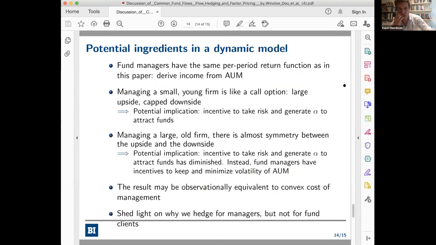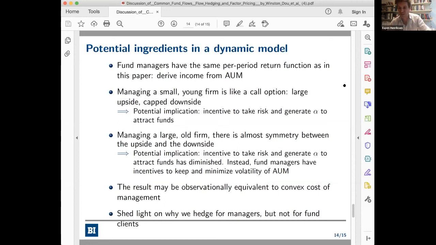So could we then think that if we say that fund managers have the same period-per-period return function as in this paper, they earn income from AUM, but then thinking about managing a small young firm is like a call option, which has a large upside but a capped downside.